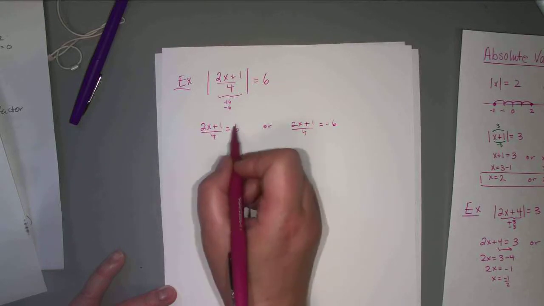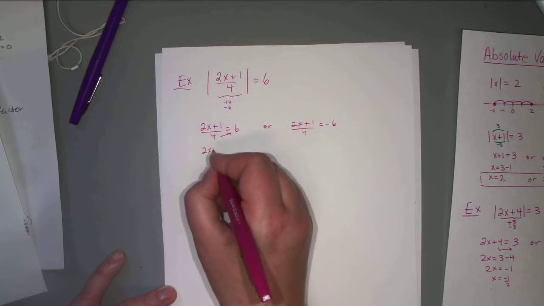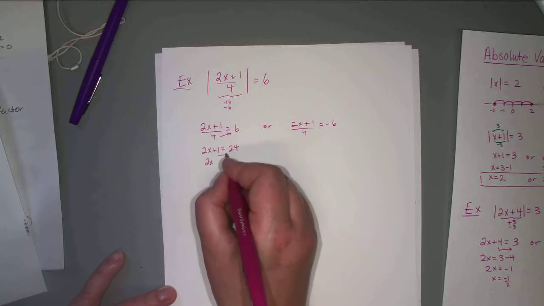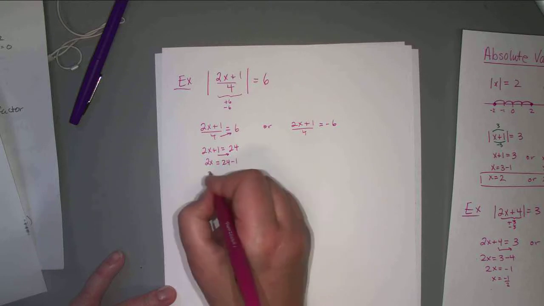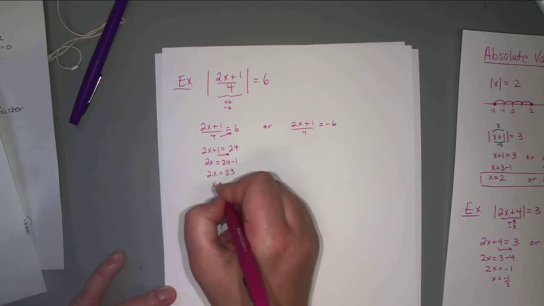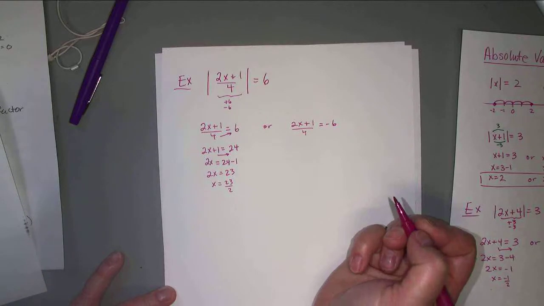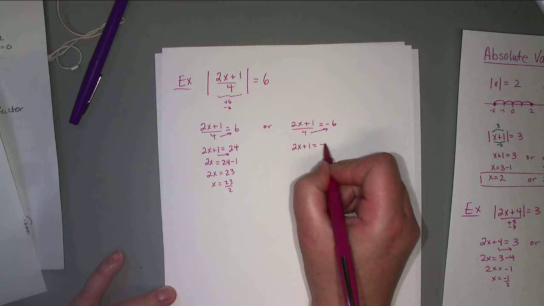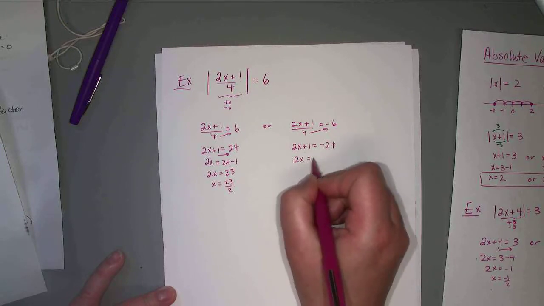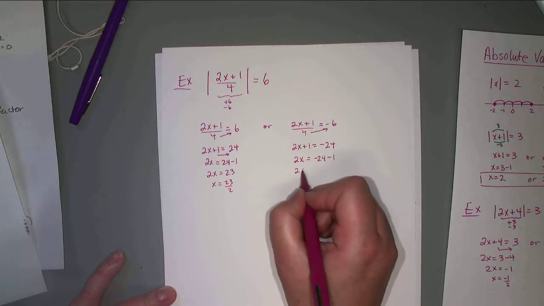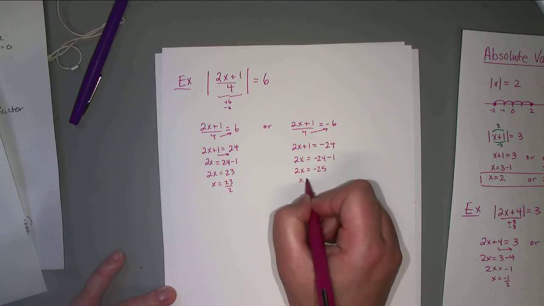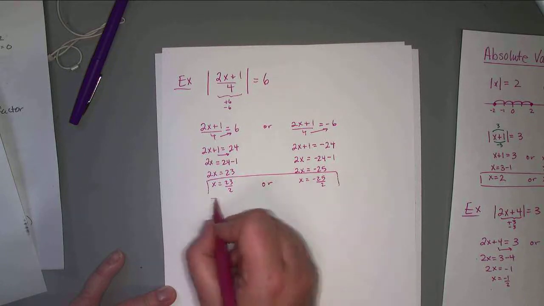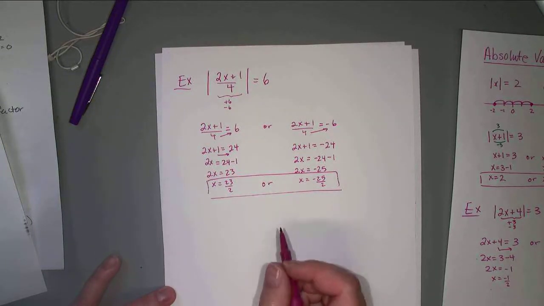So remember, when you have a fraction equals a number, you cross multiply. 6 times 4 is 24. And then we rearrange it. So there's our first answer. Same thing here, except that will be a minus 24. Stick an or in between because it's one answer or the other. Either of those will work, and there's our two answers.